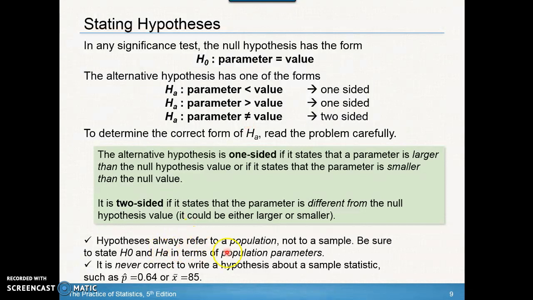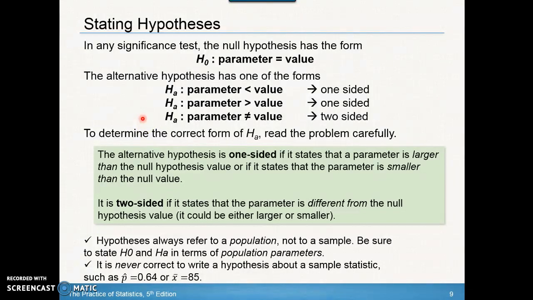Remember that the hypothesis always refers to the population, not the sample. Be sure to always state the null and alternative in terms of the population parameters. It's never correct to write a hypothesis about your sample statistic, p hat or x bar. The reason is you come up with the null and alternative hypothesis before you even take a sample.